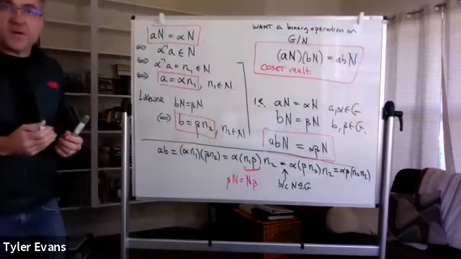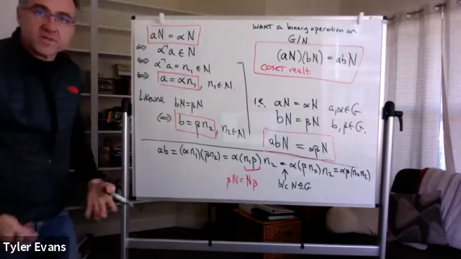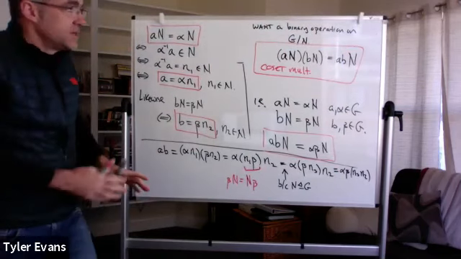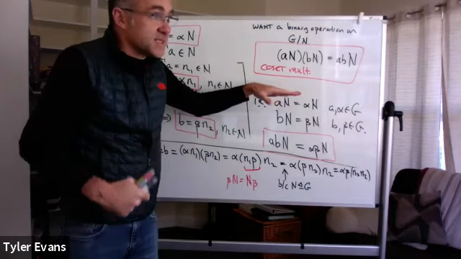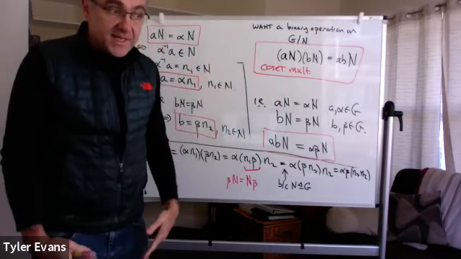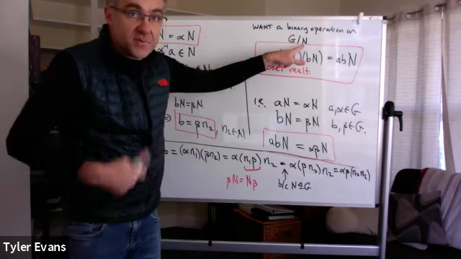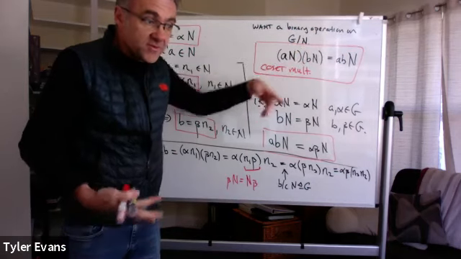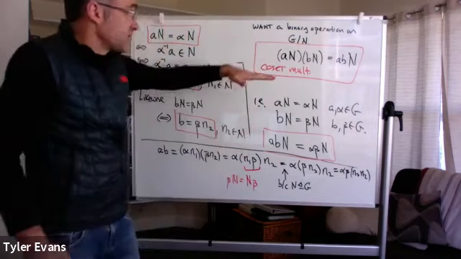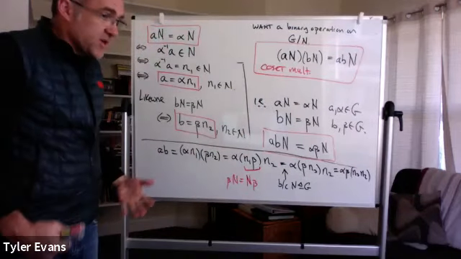I've proved to you that if N is a normal subgroup, coset multiplication is well defined. Coset multiplication is addition mod n in that example when G is the integers and N is the multiples of a fixed integer, then that's just congruence. So it exactly generalizes that idea.